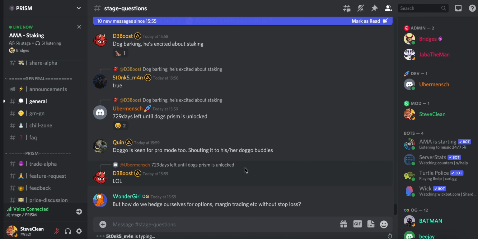Let's see. How do we hedge ourselves for options margin trading without stop loss? We're taking a look at what options are available in terms of integrations and the platforms that we can integrate. That's why I said that first we're going to release the limit order functionality, and then depending on how each functionality fits with the pro mode, we're going to integrate that way.